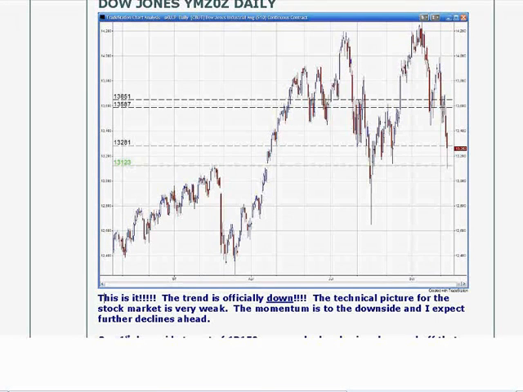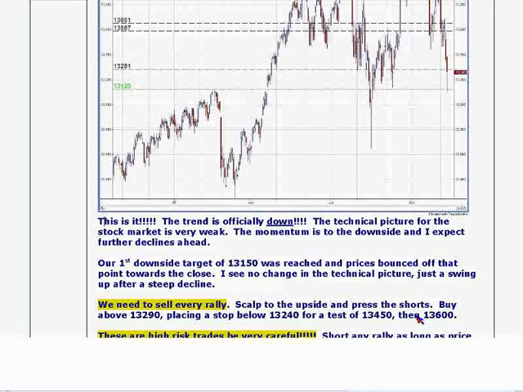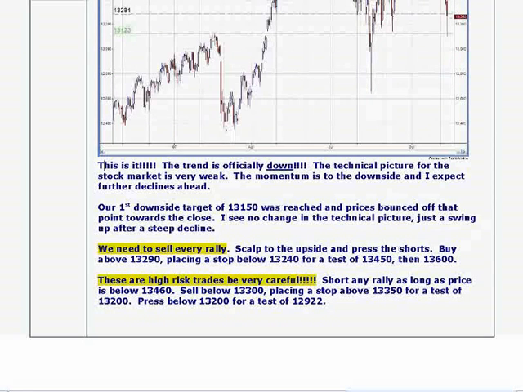The stock market is very weak. Momentum is now to the downside, and we're going to go for a further decline. And we are going to sell every rally. This is from November 2007 when the Dow was trading at 13,000, okay? And I'm going to show you the entries that we took, that I gave to the traders on the floor.